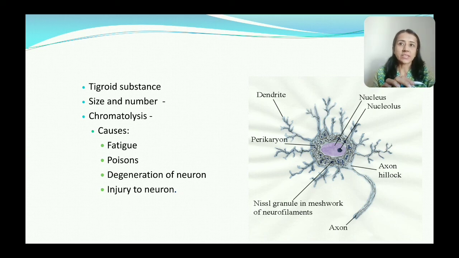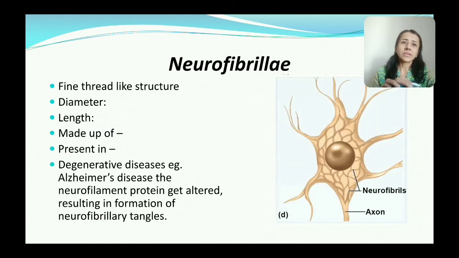Now, chromatolysis, that is the disintegration of Nissl bodies into fine dust-like particles, and that occurs in fatigue, poison, nerve degeneration and injury to the neuron. Next structure is neurofibrils. They are fine thread-like structures with a diameter of 6 to 10 nanometers and variable length. They are made up of microtubules and microfilaments, and they traverse the soma and dendrites, and are also present in the axon.